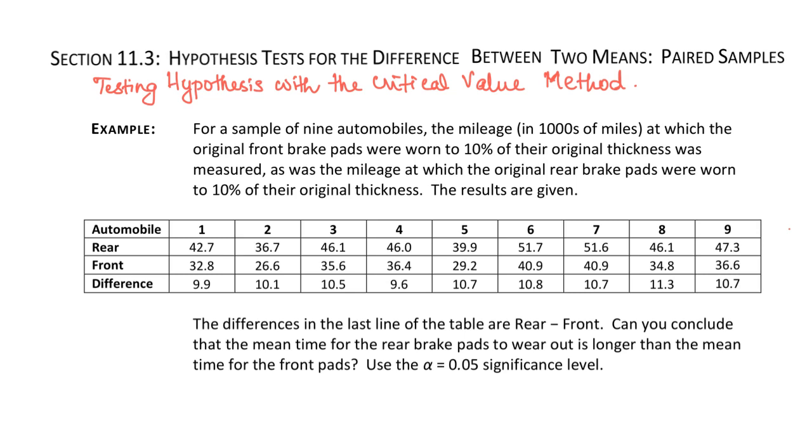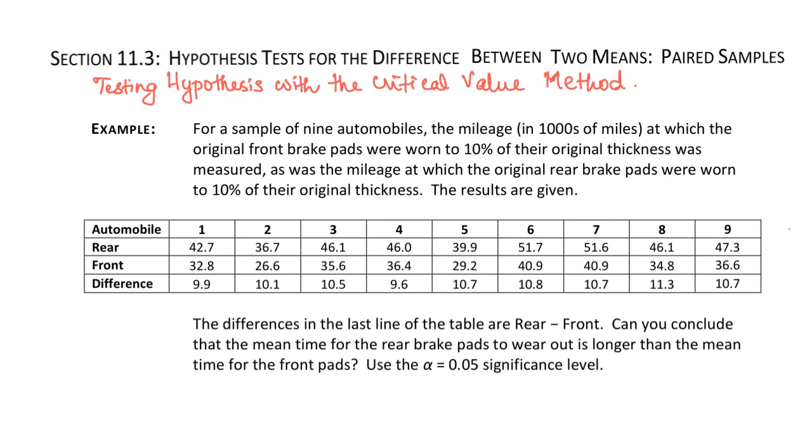The table shows the rear and front, and the last line is the difference. Can you conclude that the mean time for the rear brake pads to wear out is longer than the mean time for the front pads? And we need to use alpha equal 0.05 significance level.